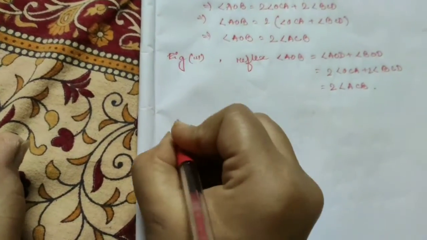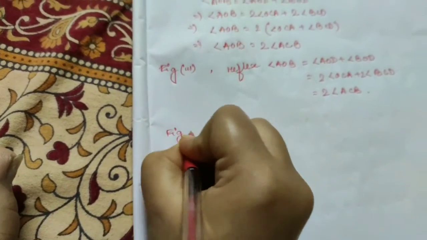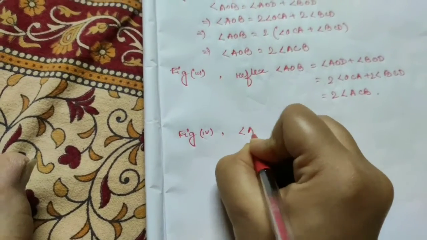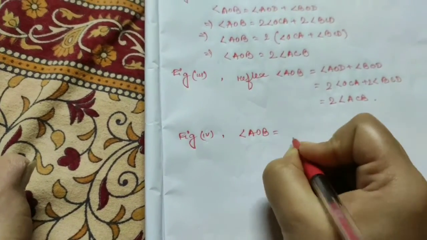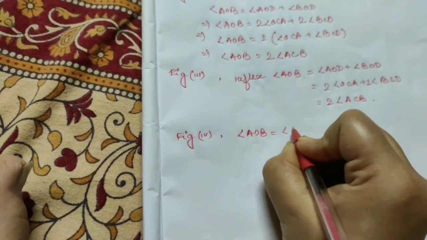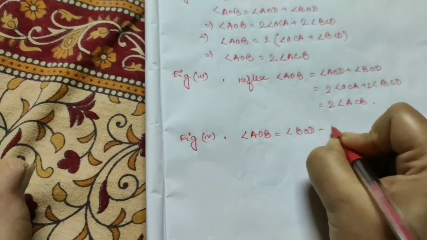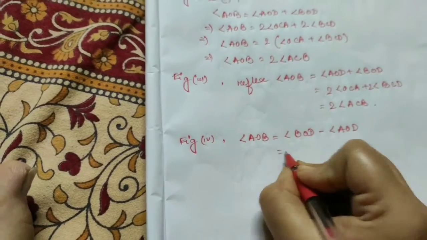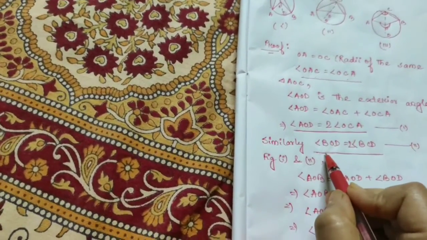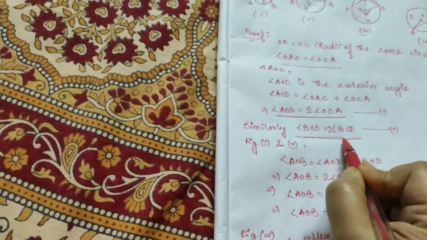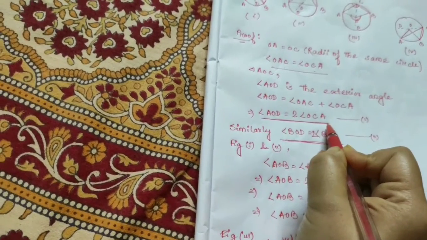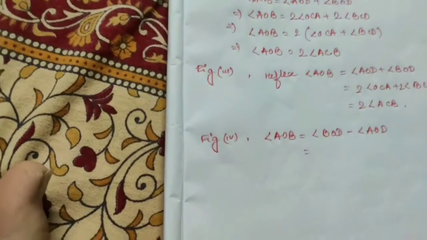Now for figure 4. For figure 4, angle AOB is equal to angle BOD minus angle AOD. Now I can put twice of BCD in place of BOD and twice of OCA in place of AOD.